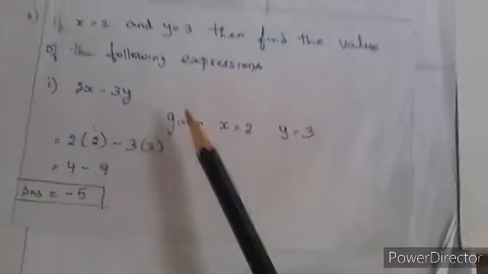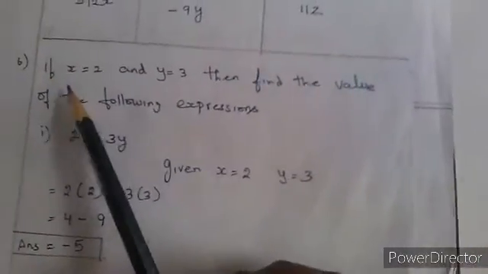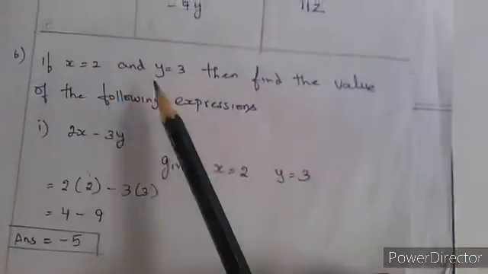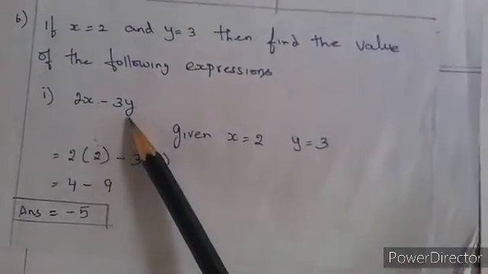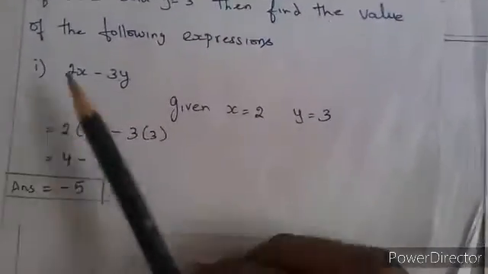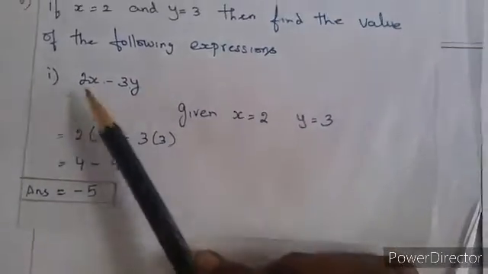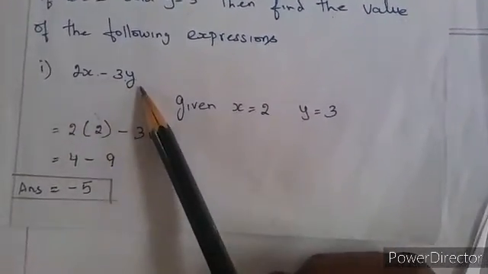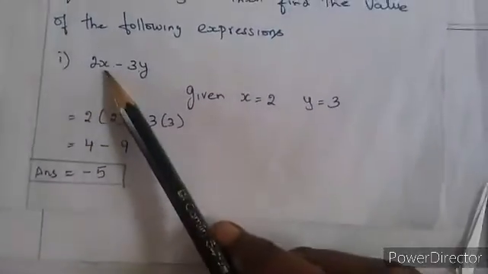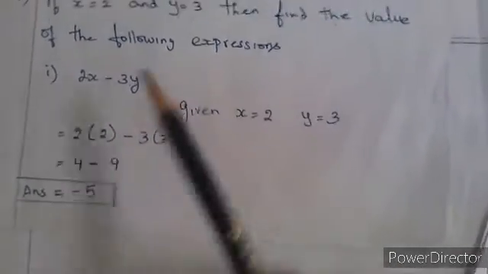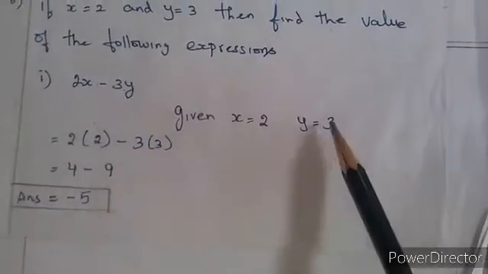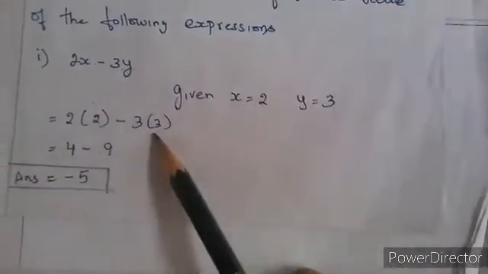Now question number 6. There they have given the value for x as 2 and y as 3 and you have to substitute these values in the given expression. What is the given expression in the first substitution? It is 2x minus 3y. So in the place of x, you substitute the value 2 and in the place of y, you have to substitute the value 3.